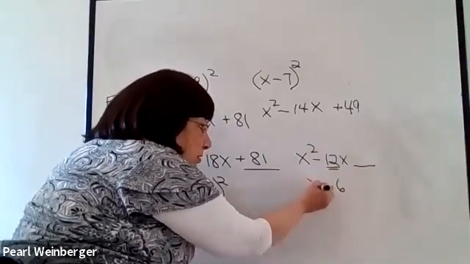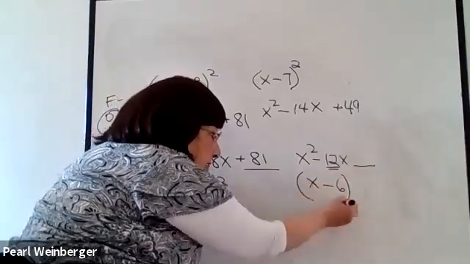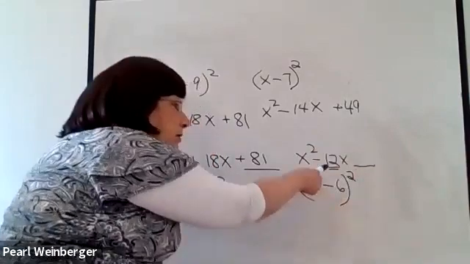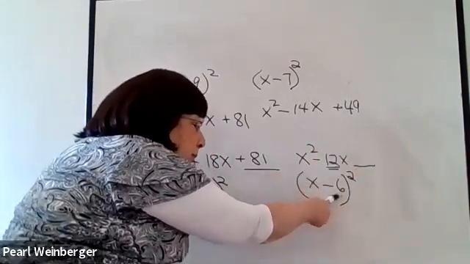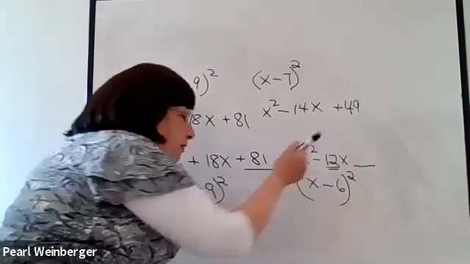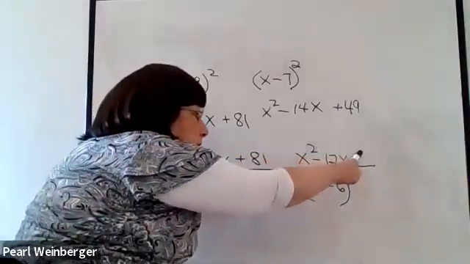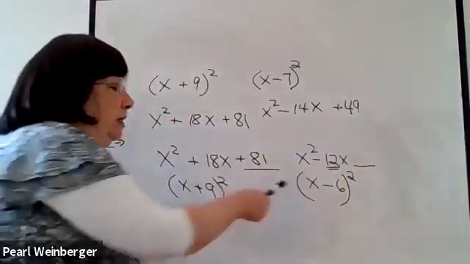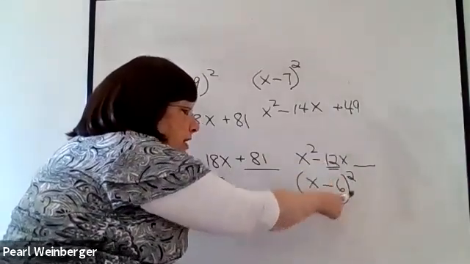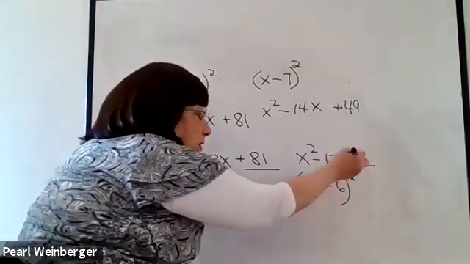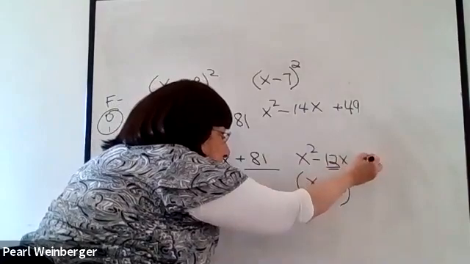In other words, this is going to have to be x minus 6 squared, because I know the number inside the parentheses is always half of that number. And the number that would have to have been added is this number squared, -6 times -6, which is plus 36.